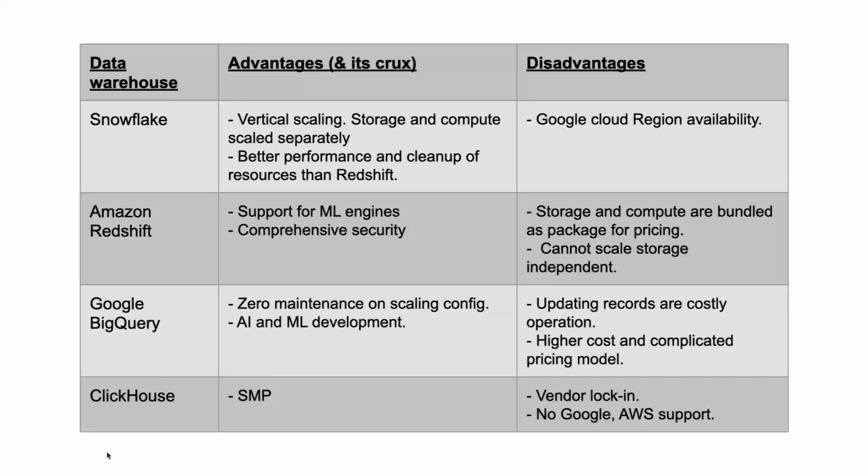When it comes to Google Cloud, just 3 regions are available throughout the world. Similarly, for AWS and Azure, the number of regions supported is somewhat limited compared to Redshift and Google BigQuery. So this is the overall thing.